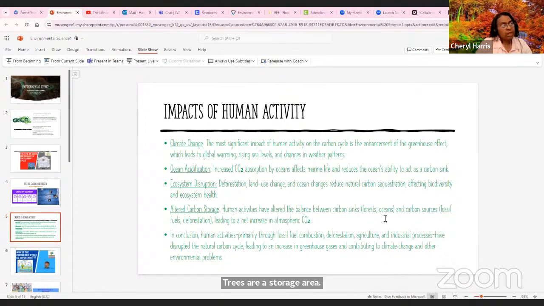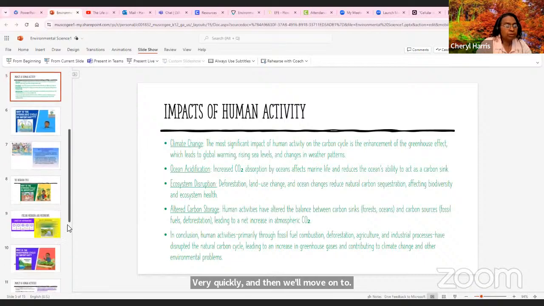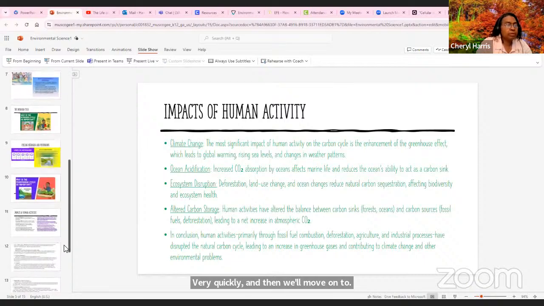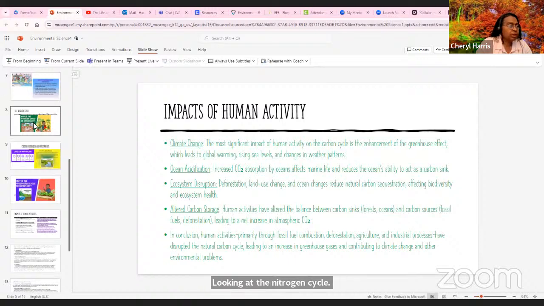So if we're cutting down the trees, we are altering the carbon storage by deforestation. And there are some other areas here, so take a look at that very quickly, and then we'll move on to looking at the nitrogen cycle and then phosphorus.